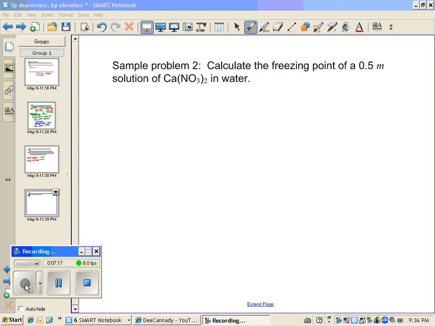Okay, here's another problem, and what we're going to do is find the freezing point of this one. So we want the freezing point, so I know I want to use this formula. However, when I get to this, I have this compound. That is an electrolyte, and it will break down into three particles, one calcium and two nitrates.